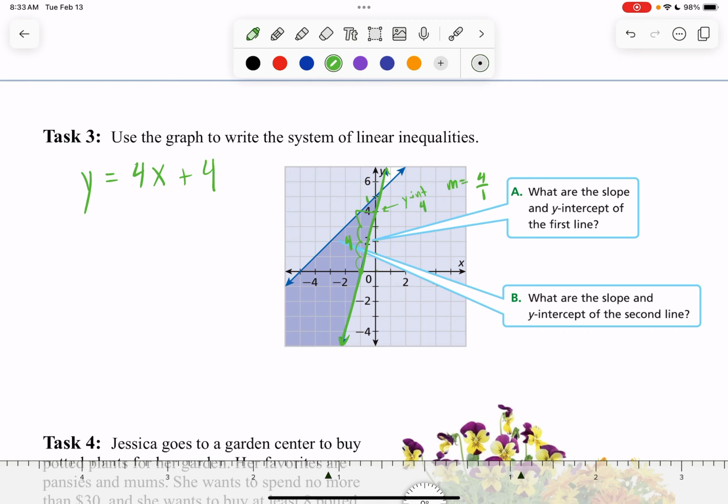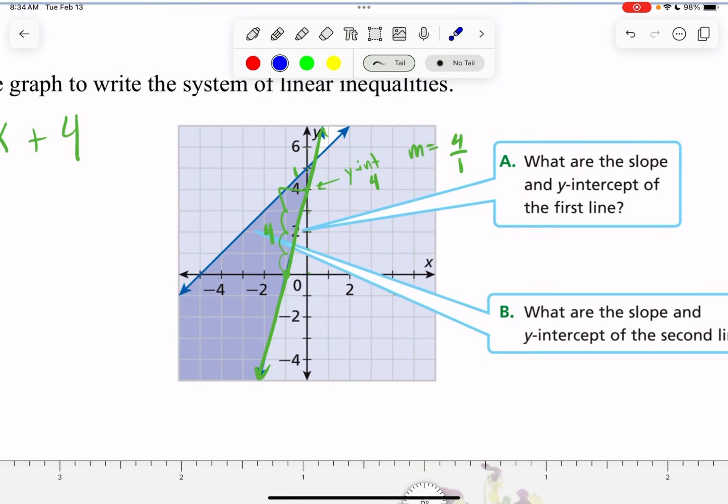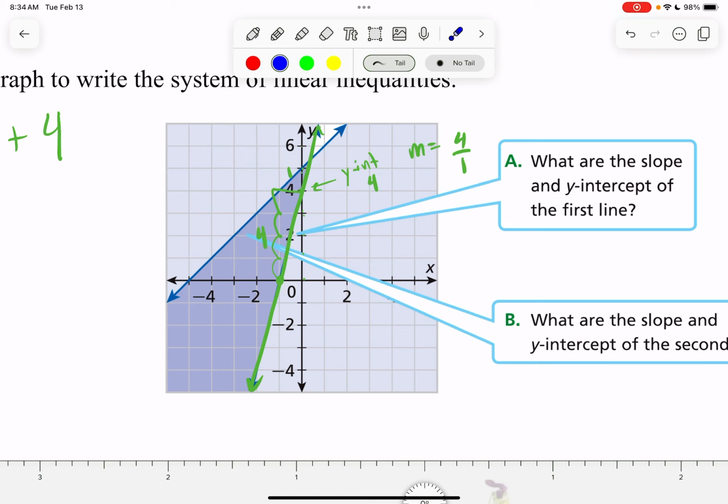Okay, but I need to figure out what to do with this equal sign. Which way am I shaded in relationship to this line? Well, here it looks like maybe I'm shading this way until you get up here. I'm going to look where it's not shaded. It's not shaded in this little bit, and this little bit is on the side below that line.